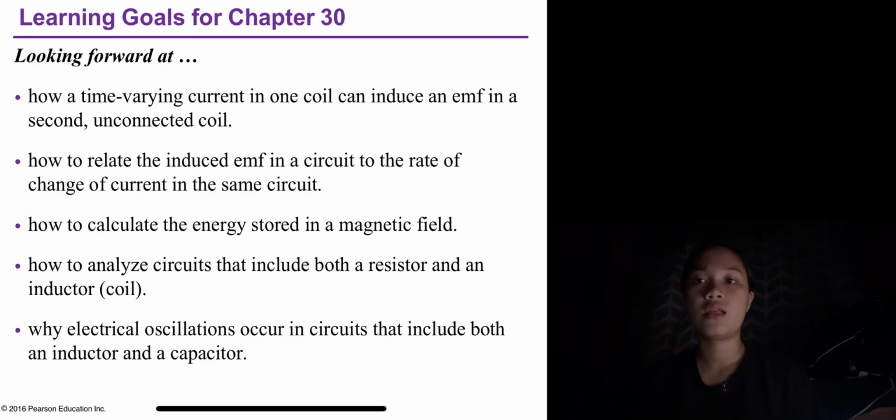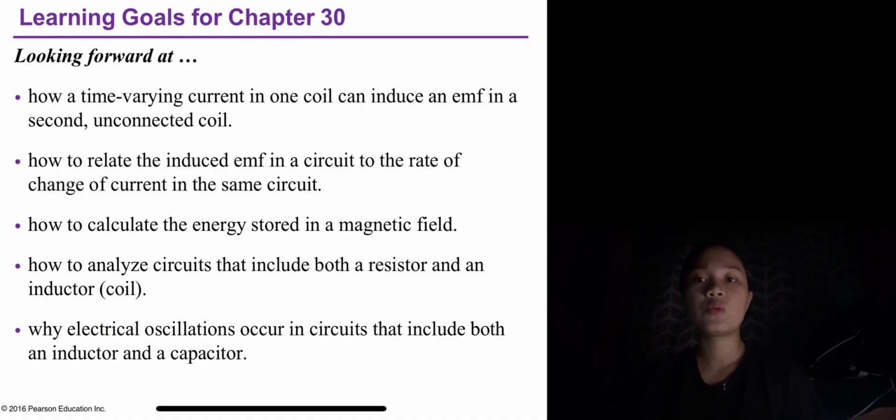This phenomenon allows energy to be transferred without direct contact and is the foundation of transformers, wireless charging, like the MagSafe, and power distribution systems.